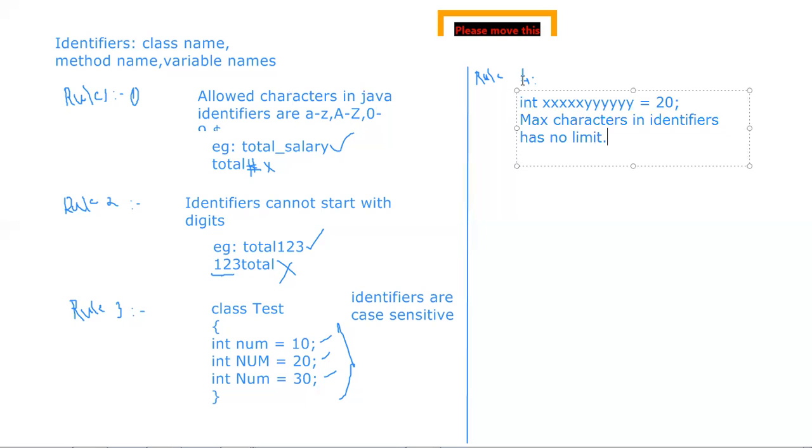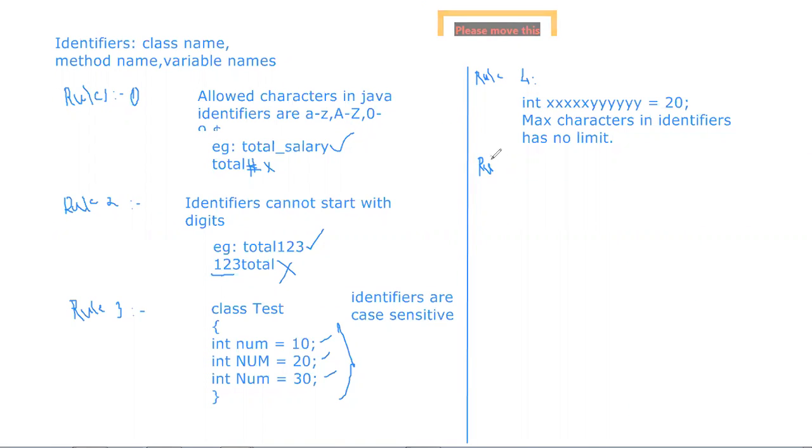That closes my rule number 4, and I'll go to rule number 5 now. Rule 5 states that I can't use a reserved word as my identifier. We have something called reserved words in Java, and I can't use those for my identifiers.